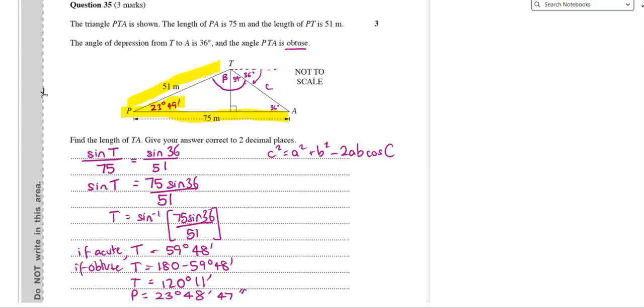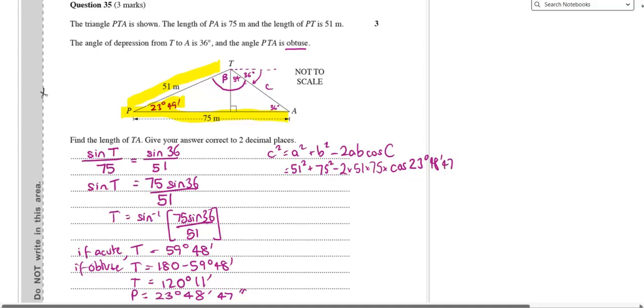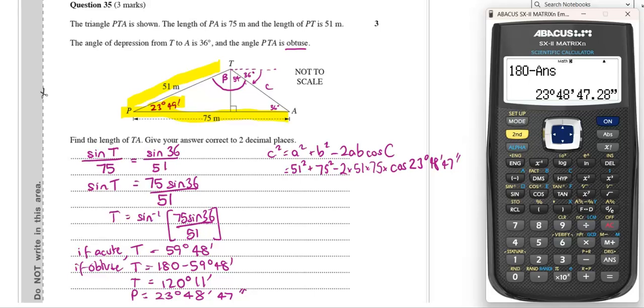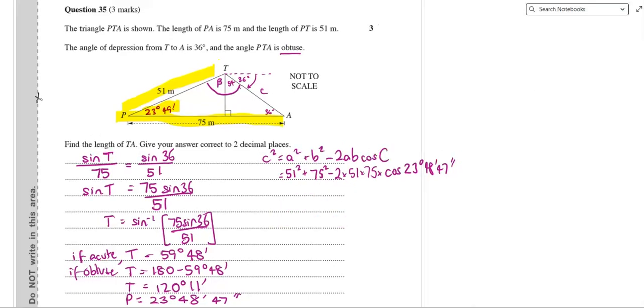So in this case, we've got 51 squared plus 75 squared less 2 by 51 by 75 times cos of the angle at P, which I know. So I can put all of that in my calculator. Reuse that angle answer.